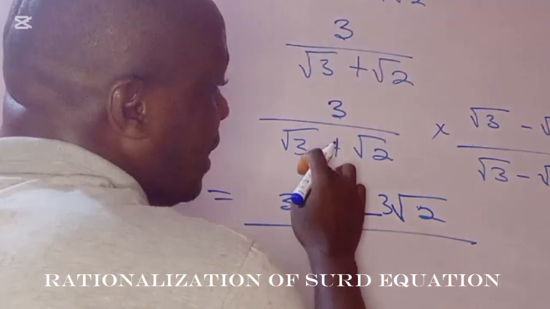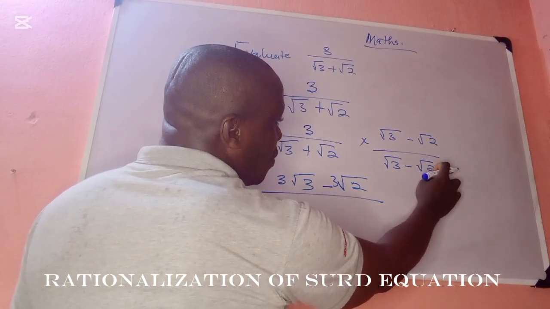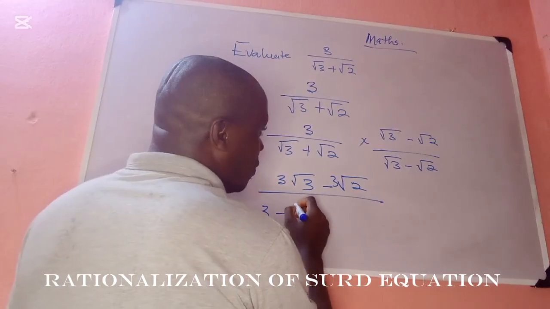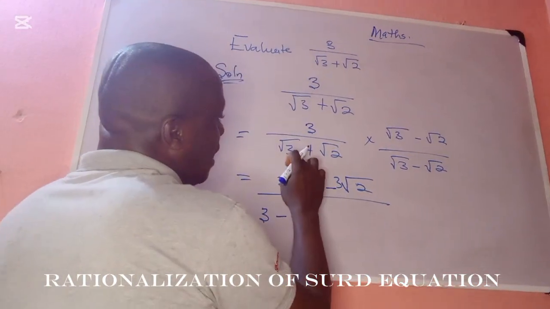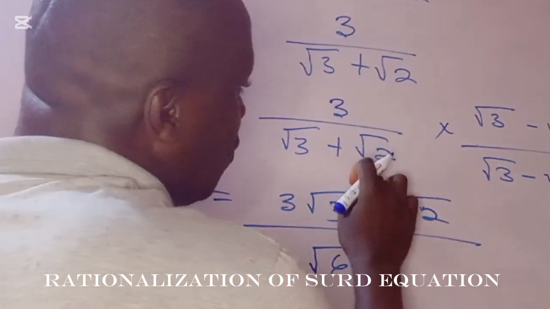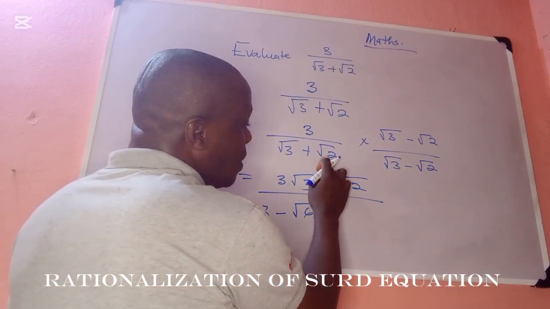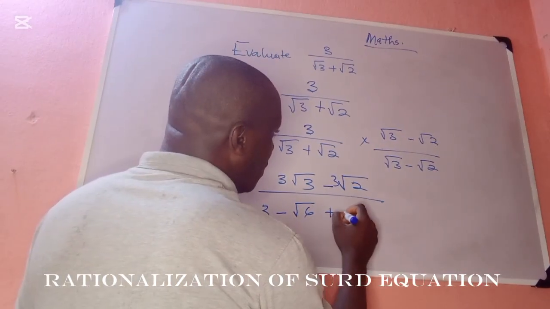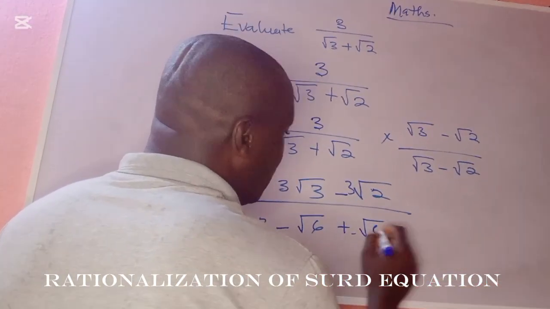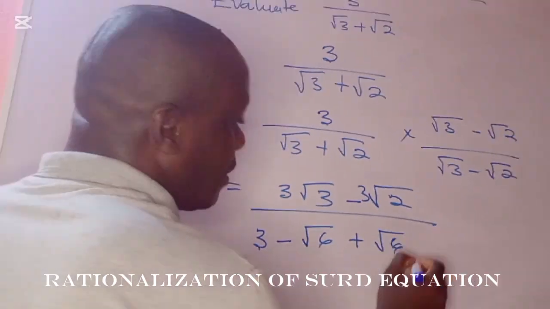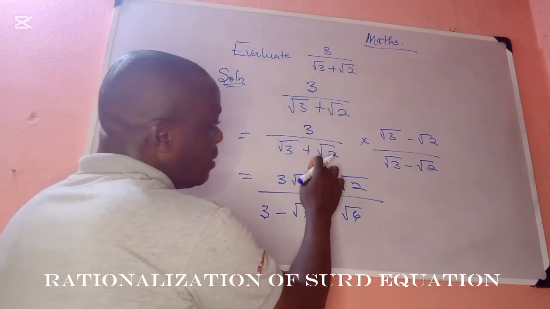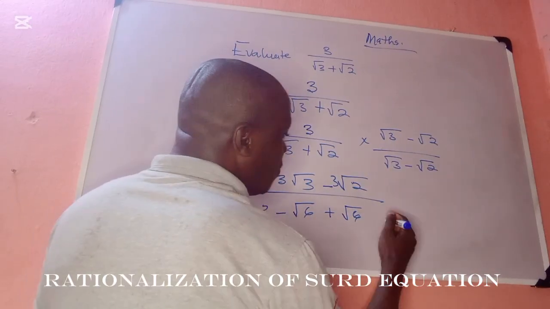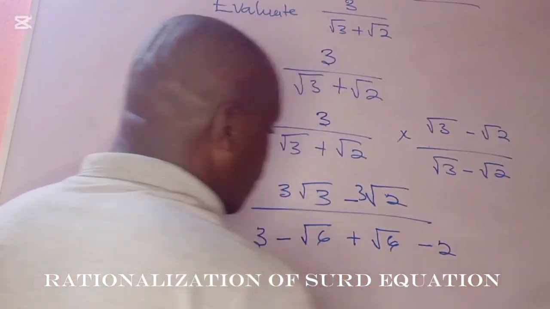Then root 3 times minus root 2 will give us minus root 6. Then root 2 times root 3 will give us plus root 6. Then the next one, root 2 times root 2 will give us 2.